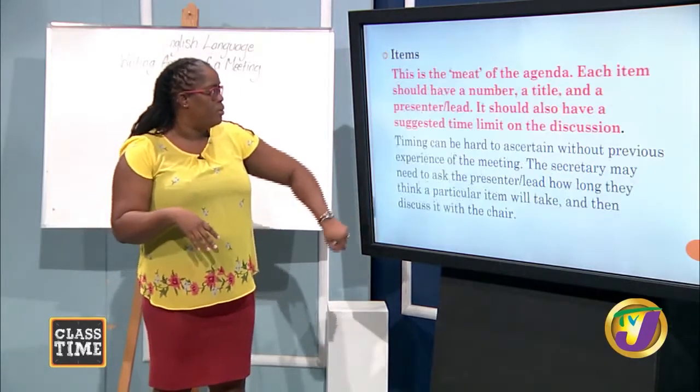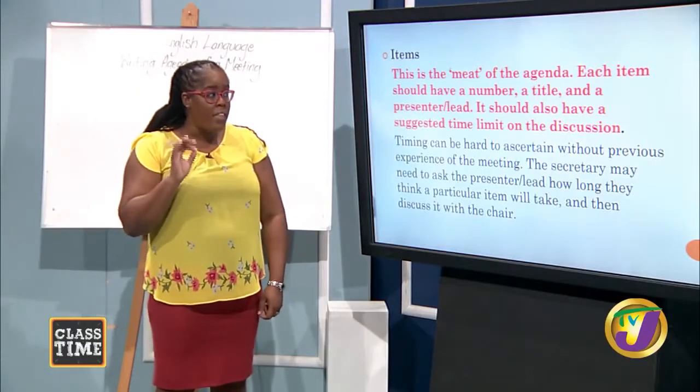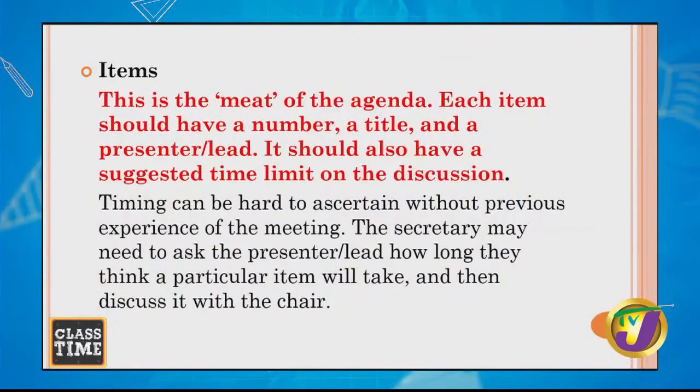All right, items. This is the meat of the agenda. Each item should have a number, a title, and a presenter or lead. It should also have a suggested time limit on the discussion. Now remember, we had mentioned preparation and a structure for the meeting.